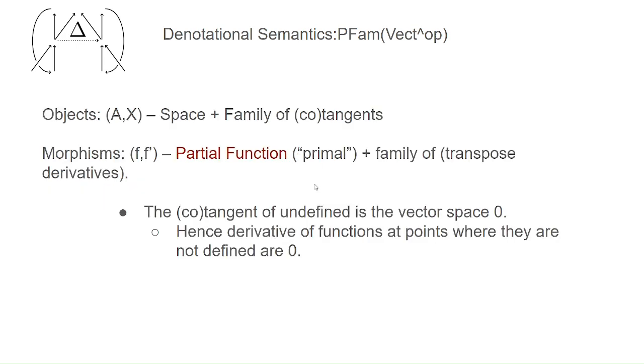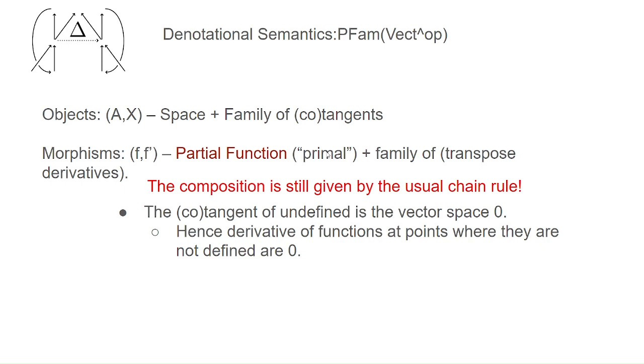We have this catch, which is that the tangent of undefined is defined to be the vector space 0, the vector space with no non-trivial vector. Hence, what we are actually doing here is saying that the derivative of f at a point where it's not defined is 0.